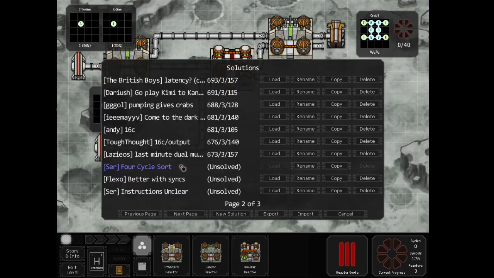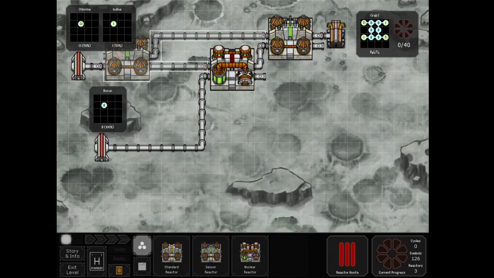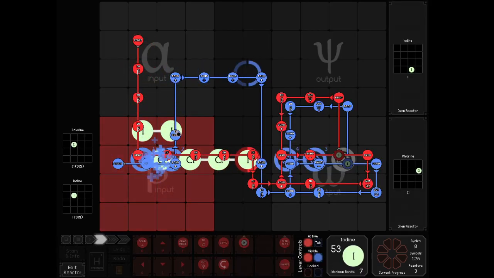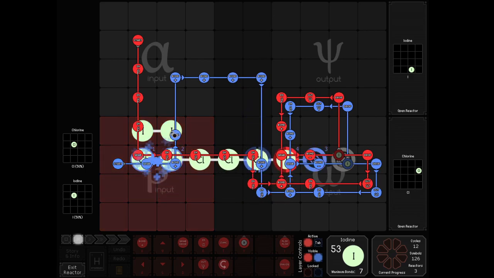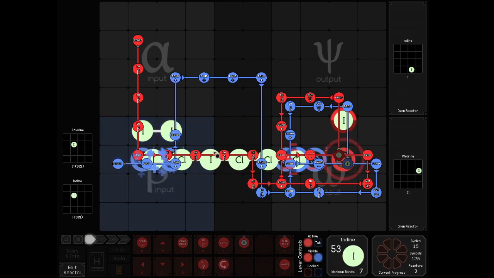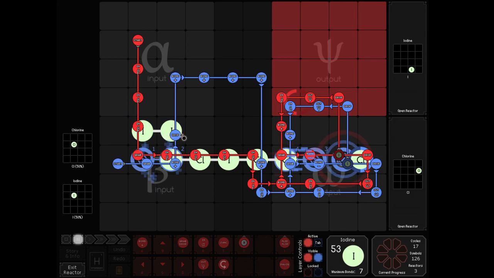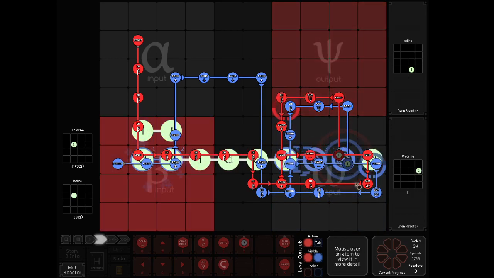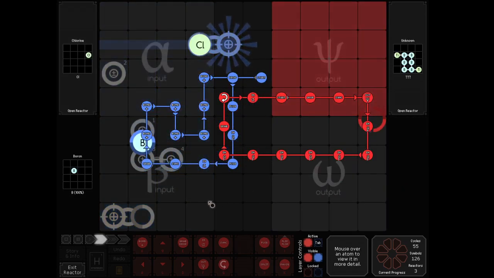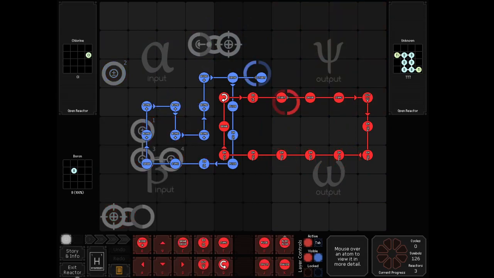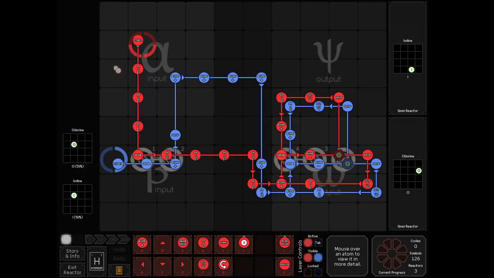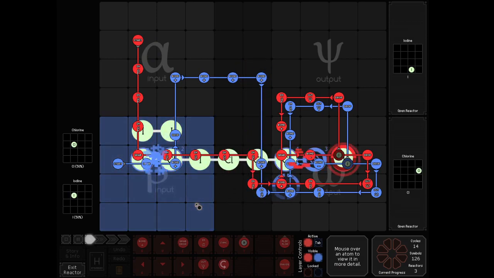So now in second place we have Sir with 4 cycle sort. This is going to be the same. And this one does have the iodine optimization, which Lazieos were missing. This will be pulling aside 2 of them to deal with the chlorine shortage. And deal with the iodine shortage. Iodine shortage. Yeah, I'm getting my molecule atoms backwards.